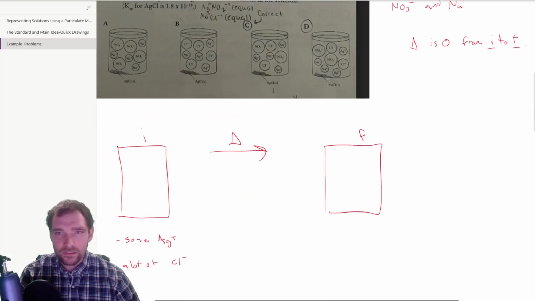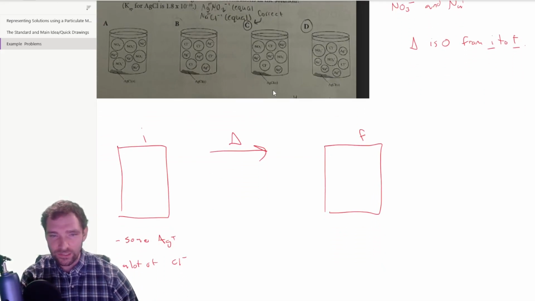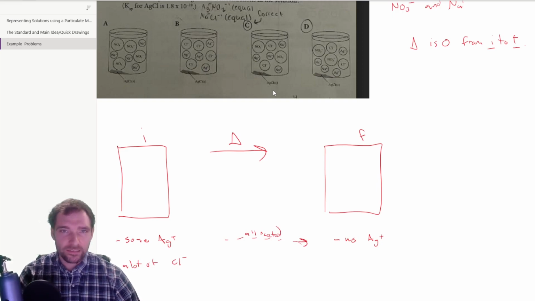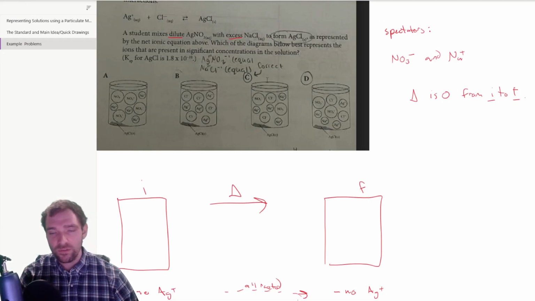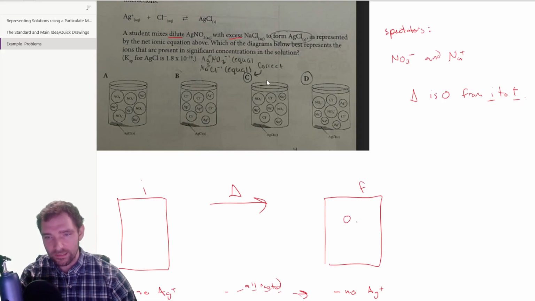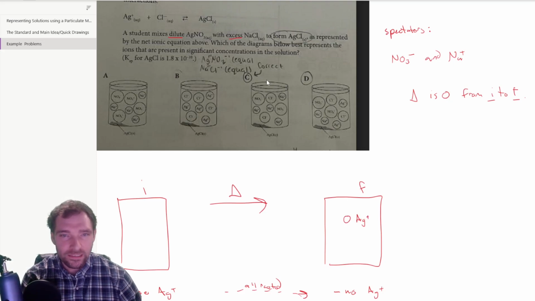And I'm looking at this and thinking, we're probably not going to have any Ag left over. No Ag plus, because it's all reacted. The reason it's all reacted is because it was dilute and it's been used up completely. So the final should have 0 Ag plus.